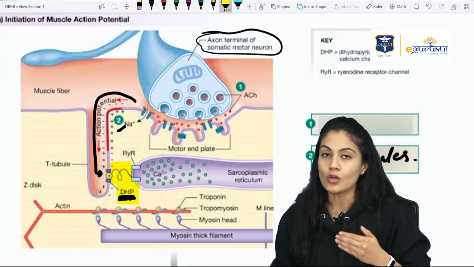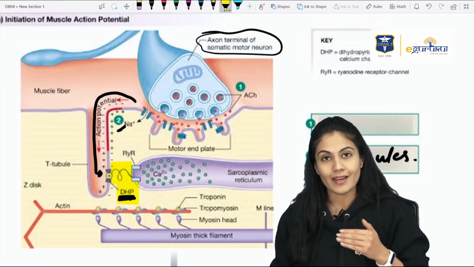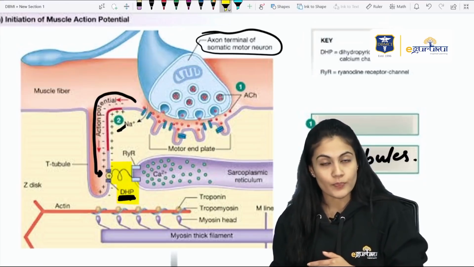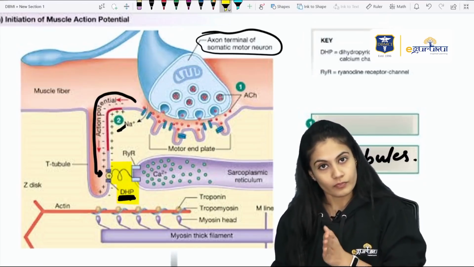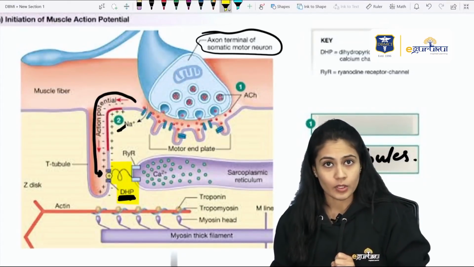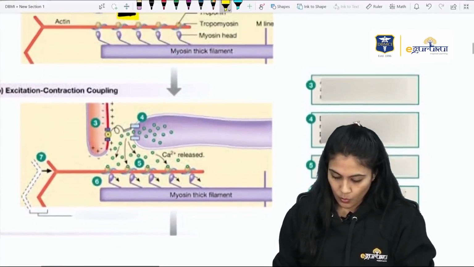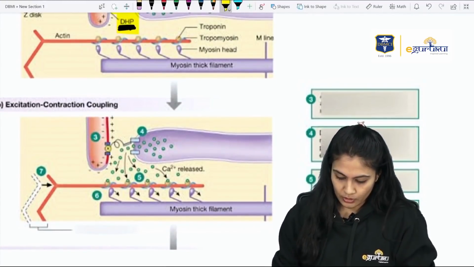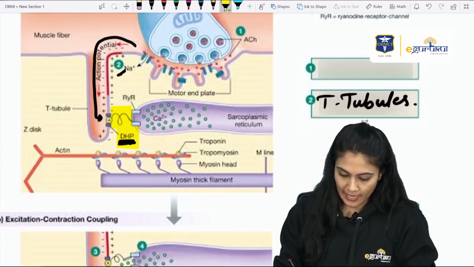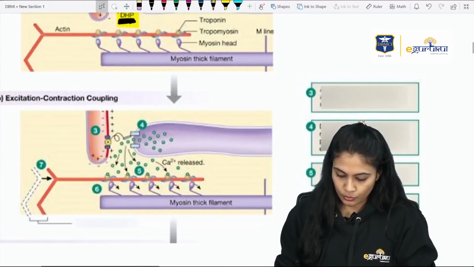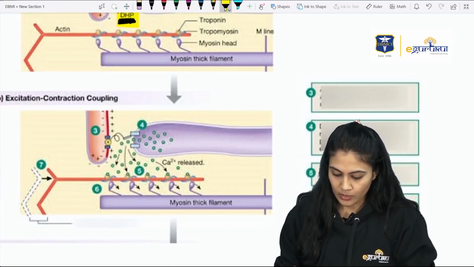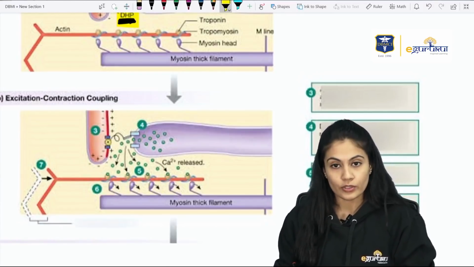It is mechanically attached to the ryanodine receptors, so ryanodine is activated mechanically, and that will open up. Once the action potential, the red one, reaches the DHP receptors, that will open up the other receptor, the ryanodine receptor.